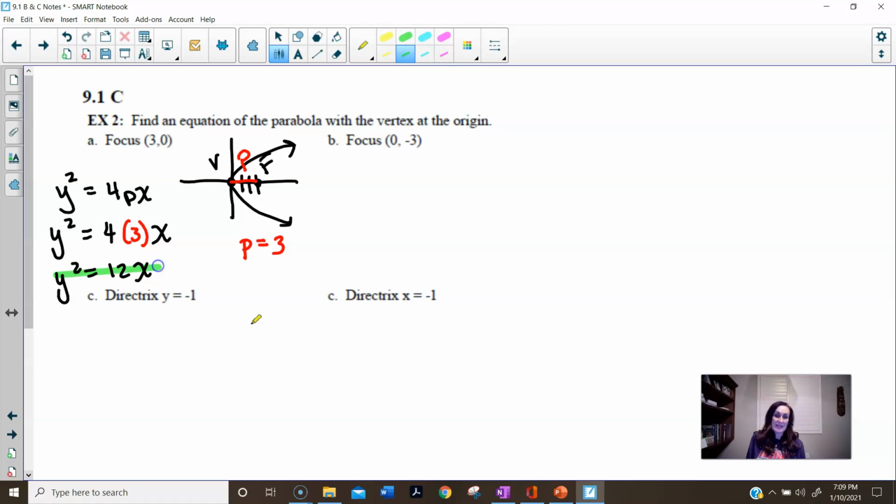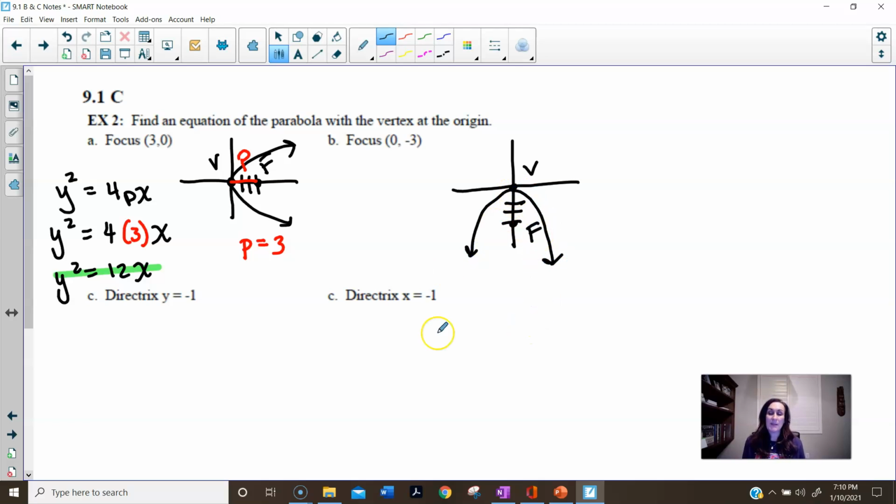Okay, so looking at the next one, we have the focus is at (0, -3). So thinking of what this graph looks like, remember that the vertex is at (0, 0). The focus is 0, and then go down 3. 1, 2, 3. Because the parabola always wraps around the focus, we know that this parabola is going to open down. So this is going to be an x² = 4py equation.